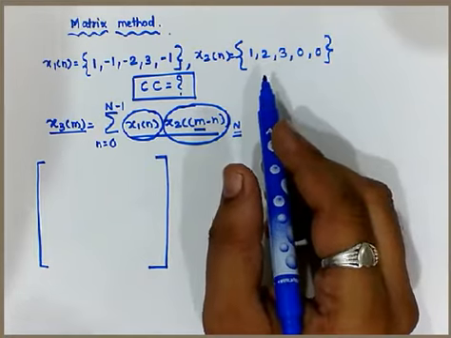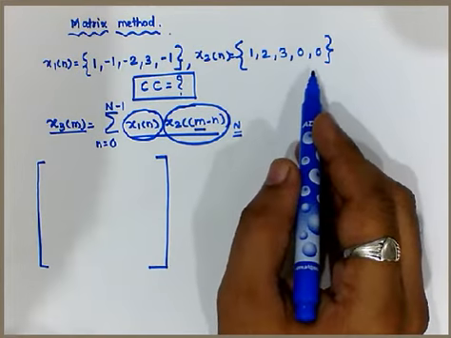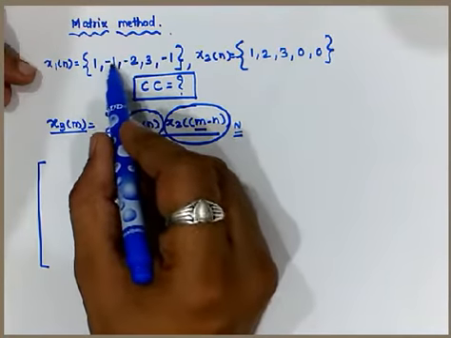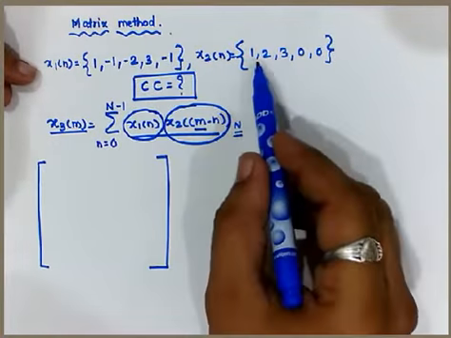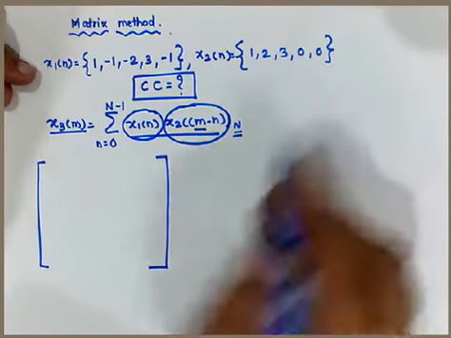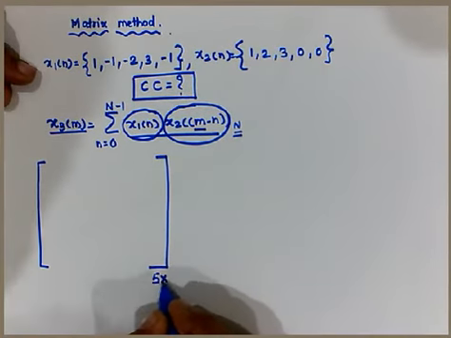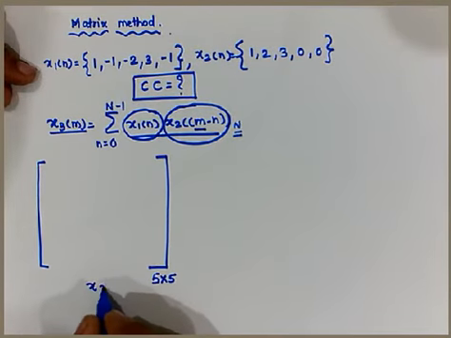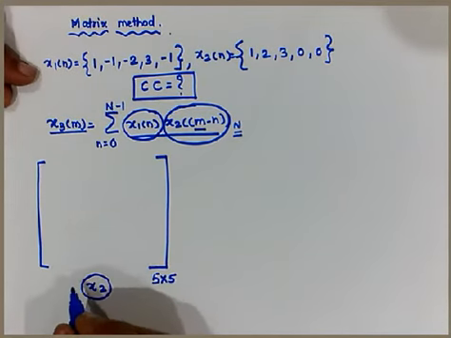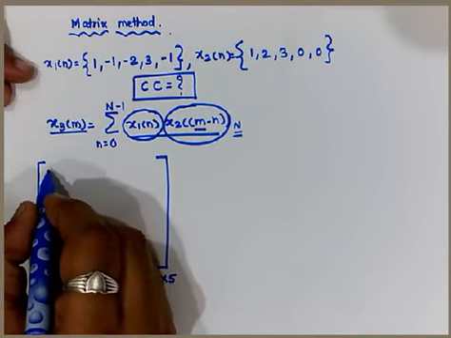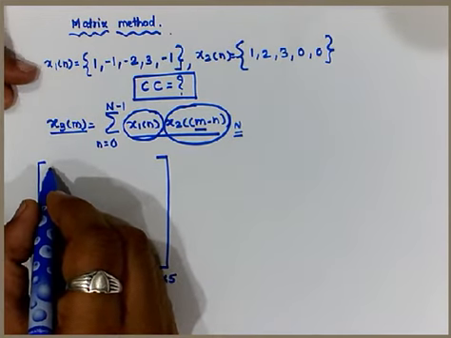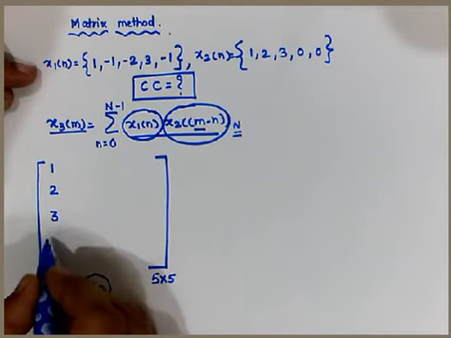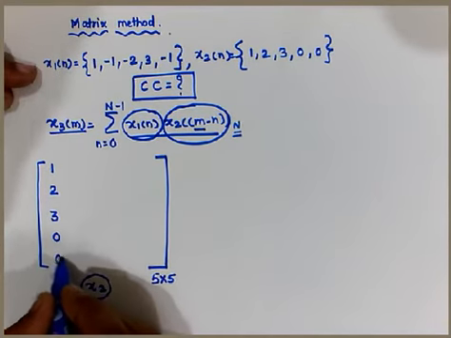If they are not the same, we need to adjust them to have equality. Here there are 5 samples, so this will be a 5 by 5 matrix. Let me write x2 of 0, which is 1, then 2, 3, 0 and 0.